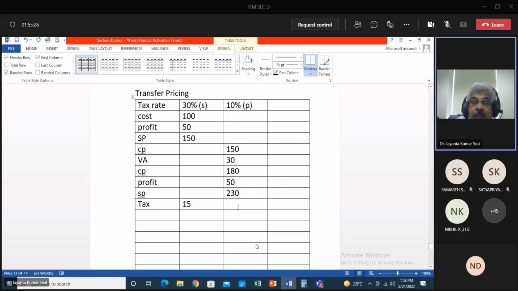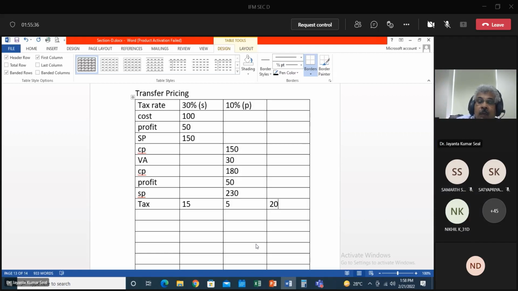Here how much taxes you pay? On 50, 10%, 5 rupees. Total tax? 20. Yes or no? Yes, sir. So if you see the total profit of the parent, here the profit is 50 and here the profit is 50.